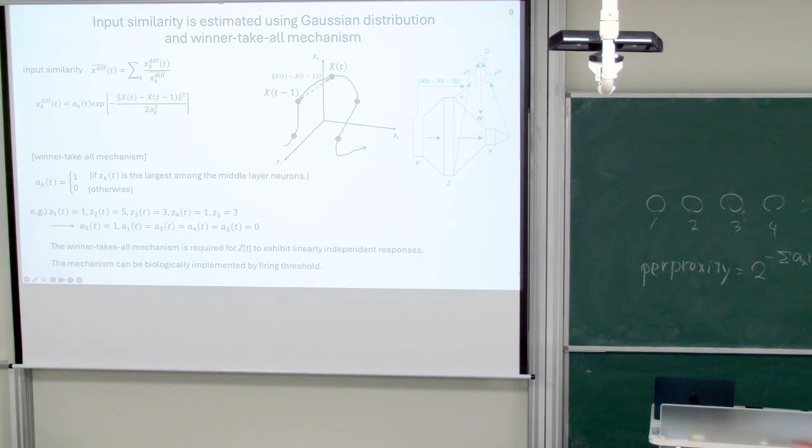If the entropy is high, the perplexity becomes low. So the predictability becomes low. And if the entropy is low, the perplexity becomes high.